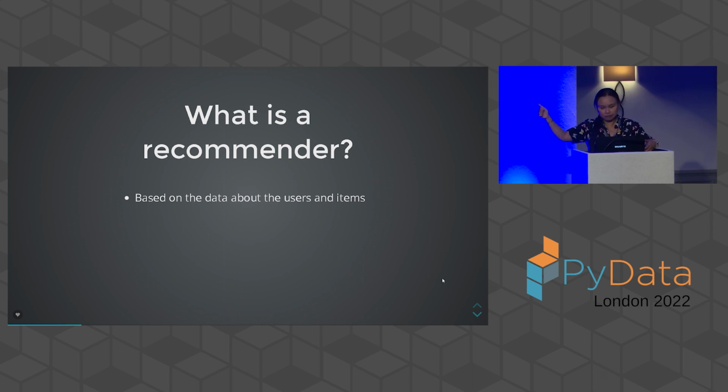They also have lots of data about the items, because they have the whole library of movies and shows and know some information about it, right? So a recommender is useful to make personalized recommendations.